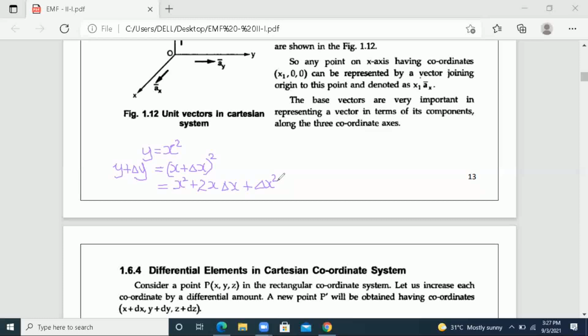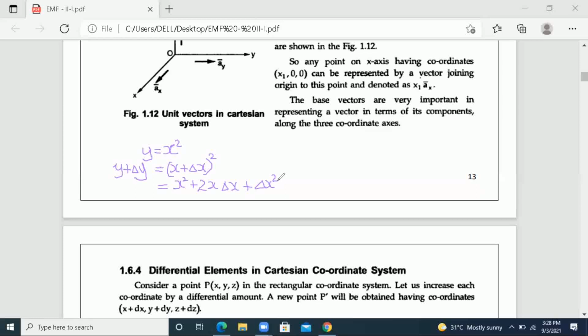What would be delta X squared? So 10 to the negative 6, or 0.000001. All right.